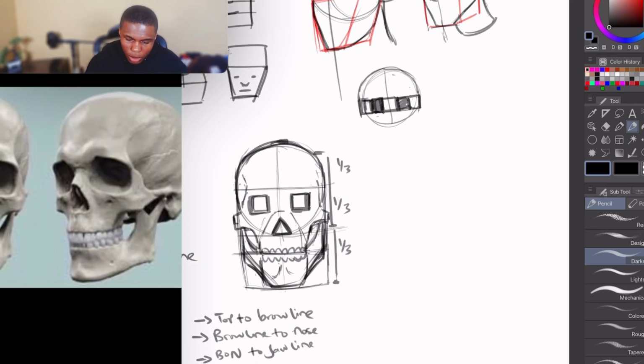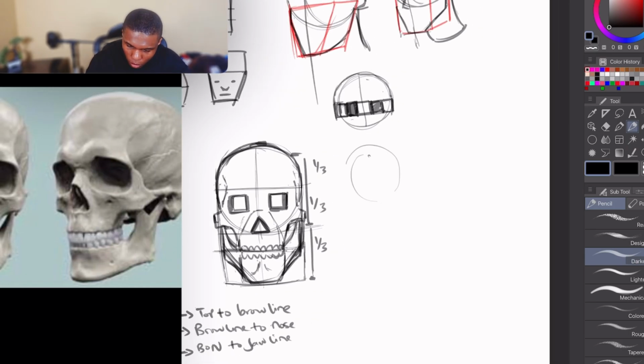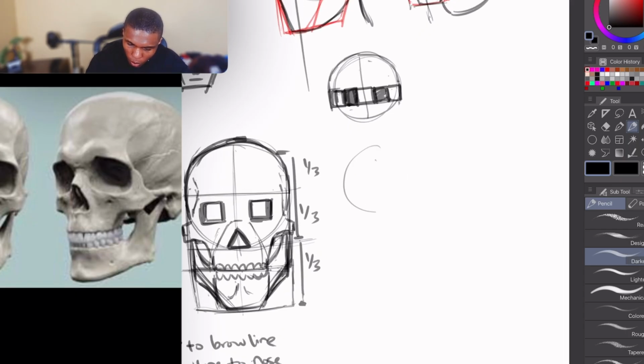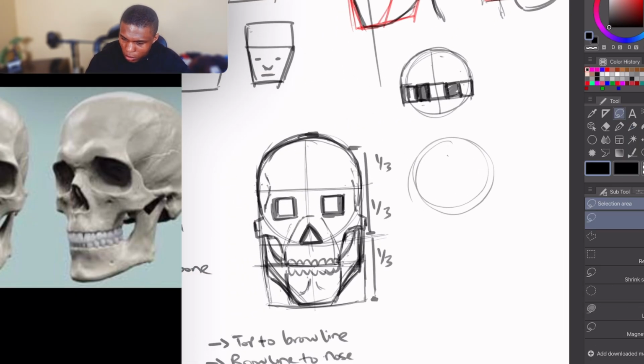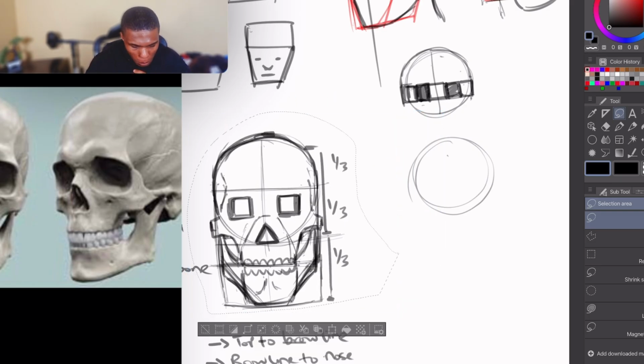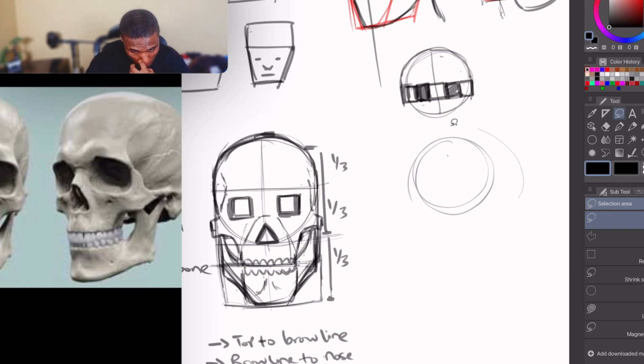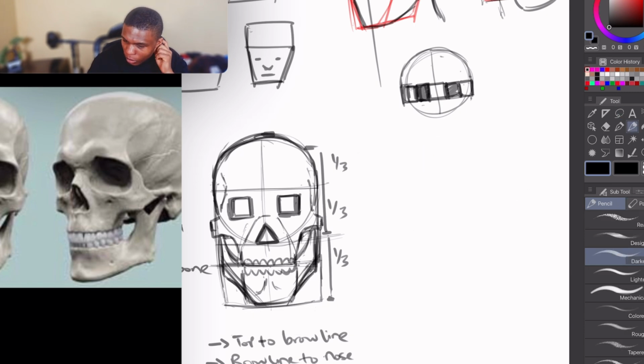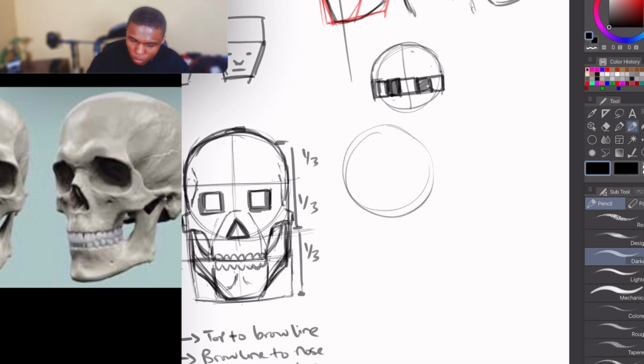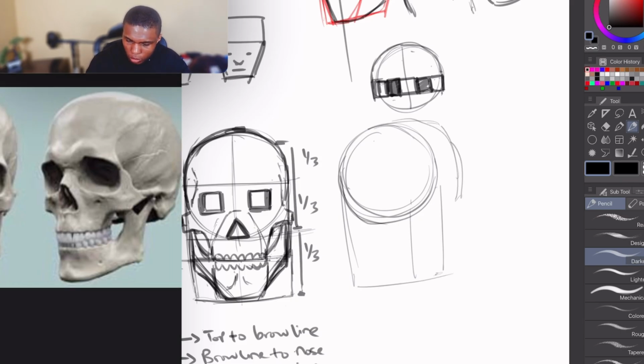So when you look at the side view, draw a sphere first of all, and then you can put your box. You can make the cranium a bit longer, like this.